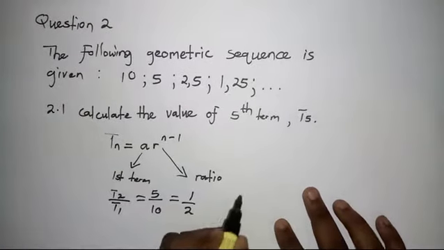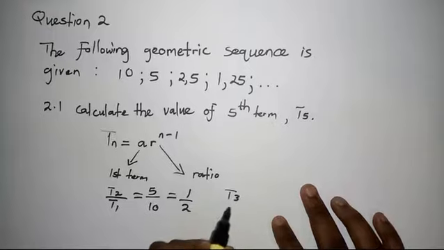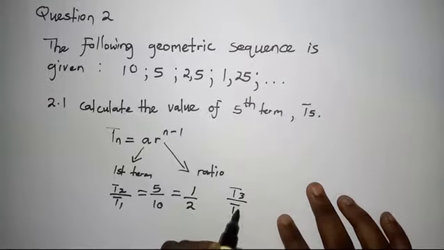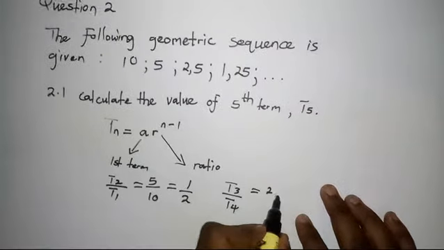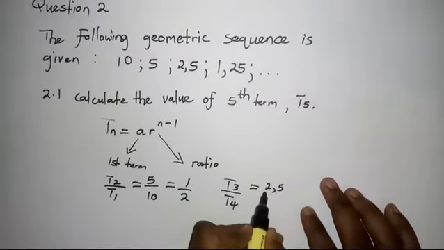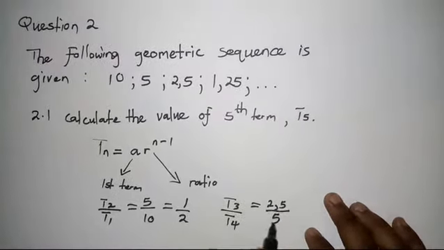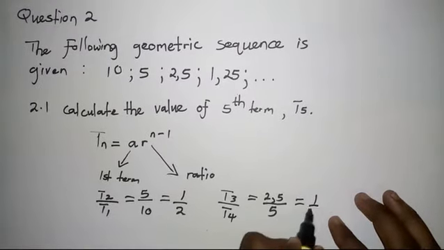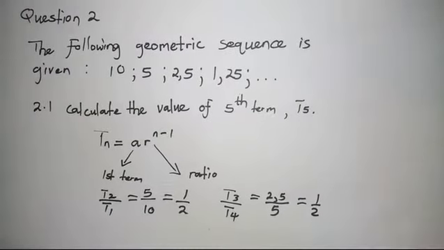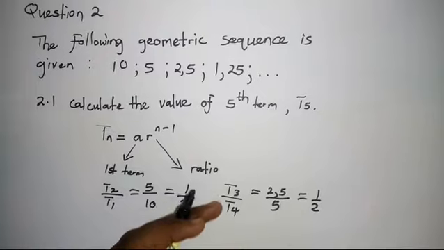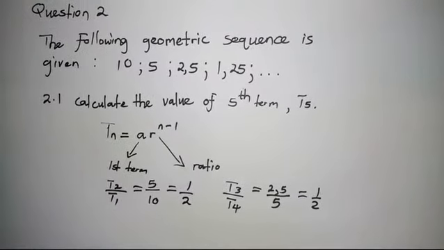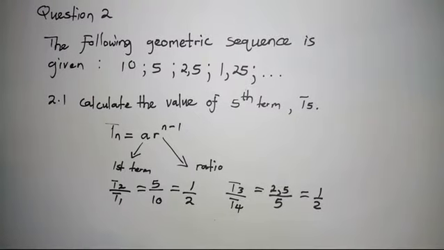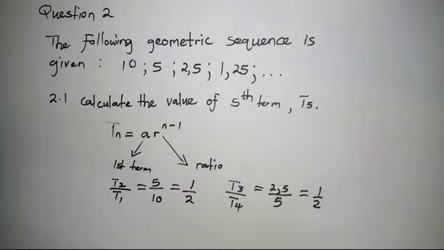Or you can take term 4 over term 3, which is 2,5 over 5. It still gives you a half. So the idea is that you take a term over the term before it, and you get the ratio for the sequence.